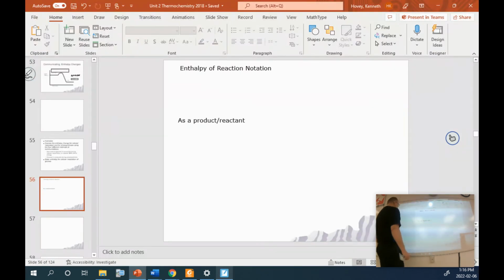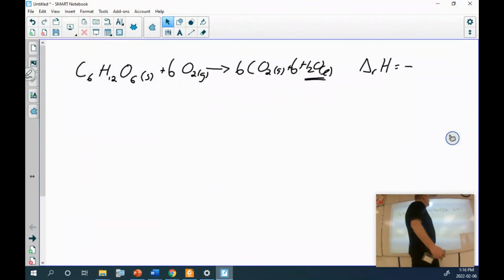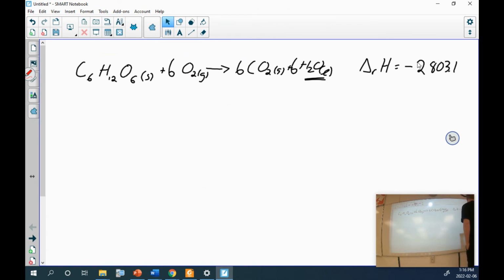going back to my question, negative. To release, hence the negative, the 2,803.1 kilojoules.